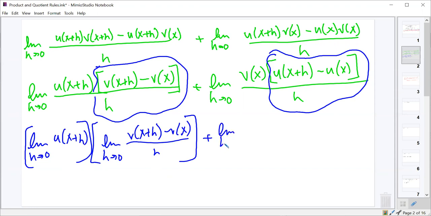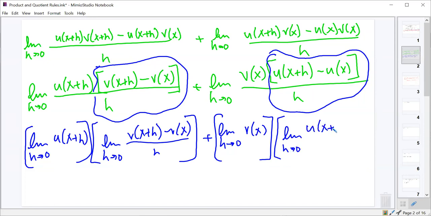We'll do the same thing over here. The limit as h approaches 0 of just v of x times the limit as h approaches 0 of u of x plus h minus u of x all over h. And so what are we left with? As h approaches 0, what's u of x plus h?